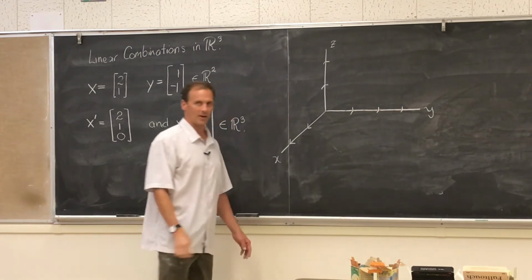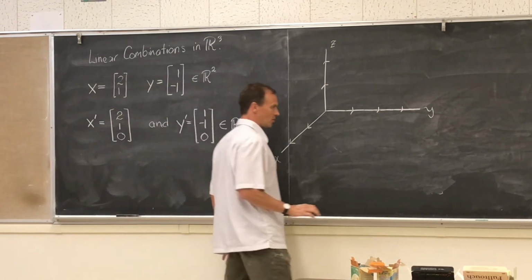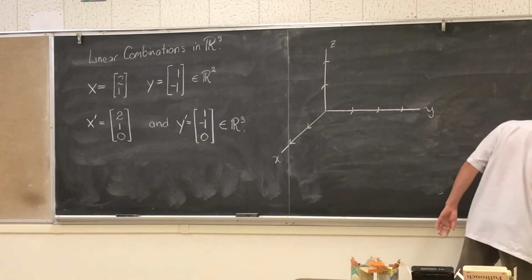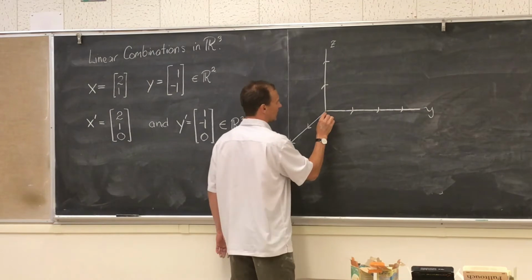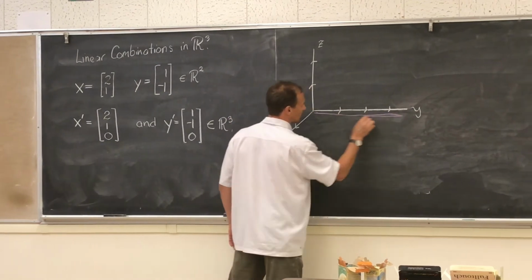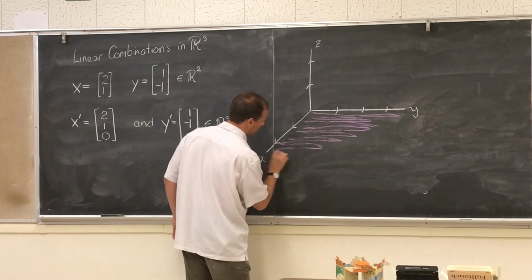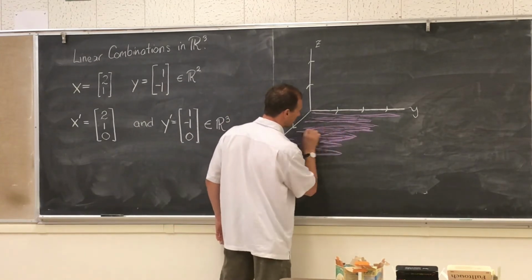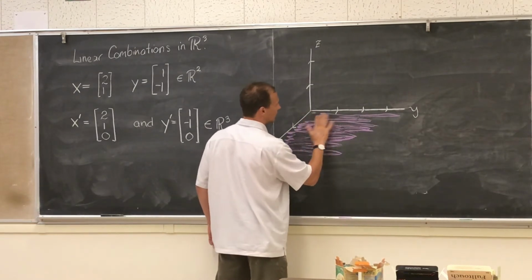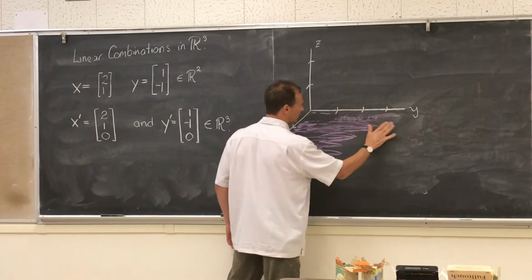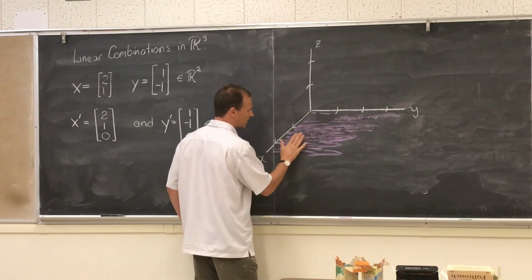Okay, there we go. Now remember that the xy plane is when z is 0. So I'm going to color this in purple for a moment. I'm going to smudge it a bit, because this purple region here is the xy plane.